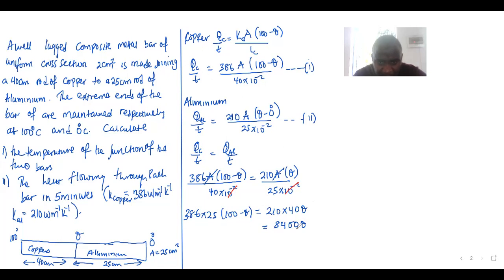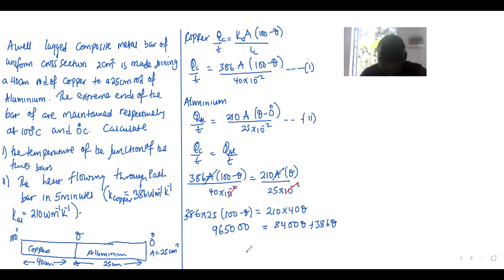What do you get when you multiply 25 times 386? 9,650. 9,600. 50 times 100, you add on 00.